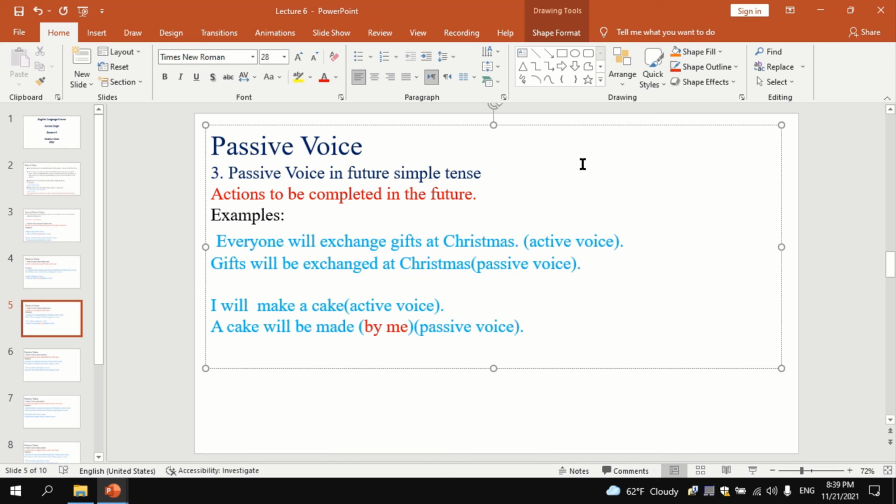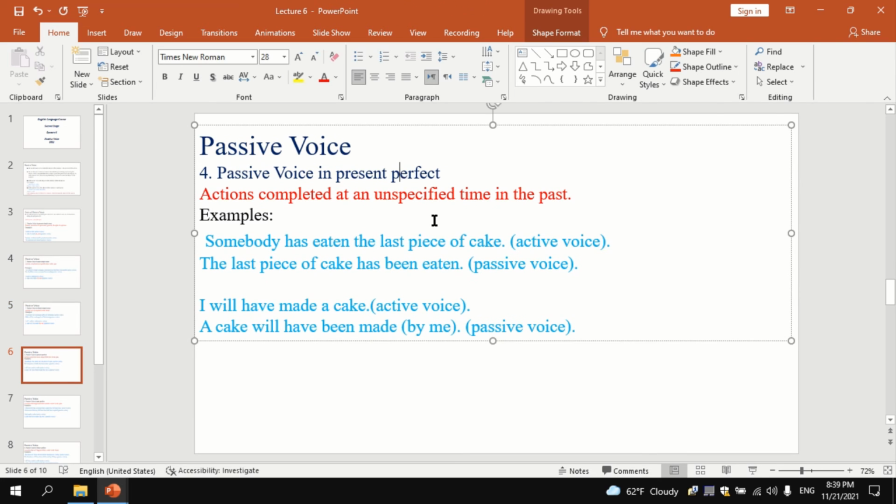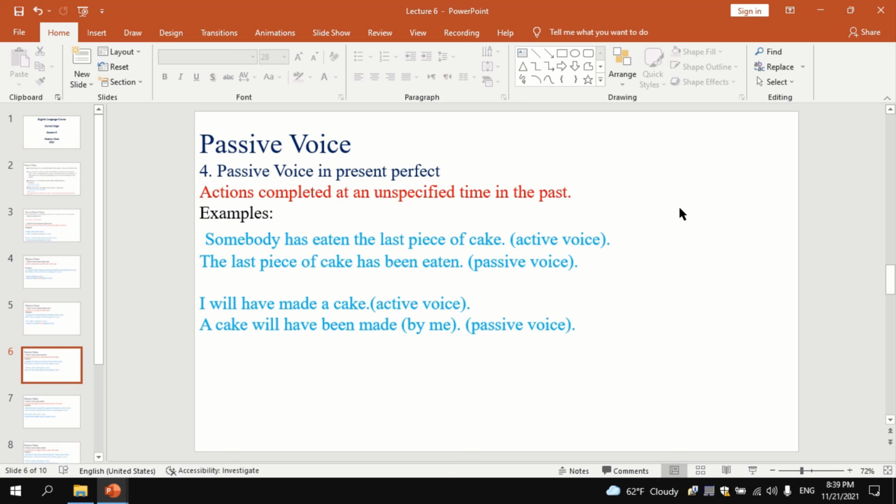We focused only on six important tenses in writing or speaking skills for non-native speakers. Passive voice in the present perfect: action completed at an unspecified time in the past.